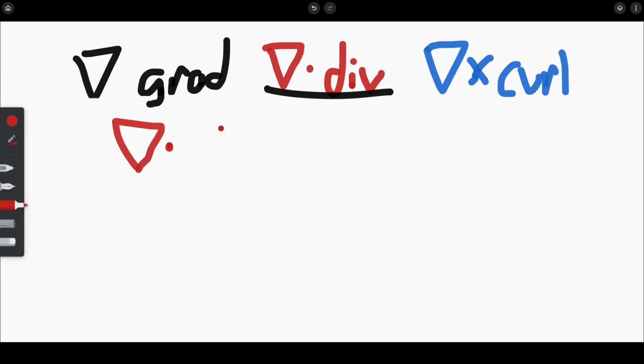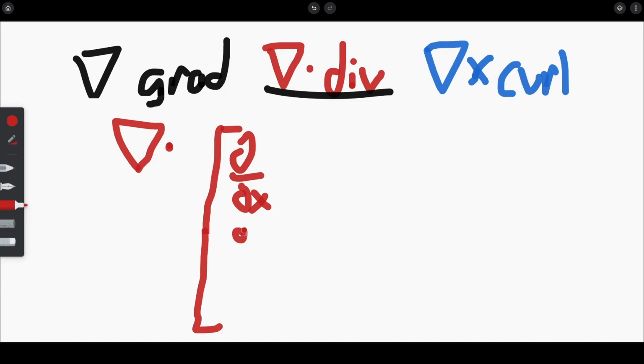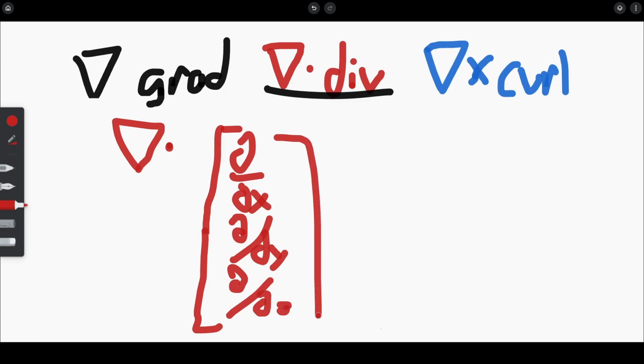You think of our gradient vector from before: partial over partial x, partial over partial y, partial over partial z. I'll extend this at the bottom because I write big. And just like you would with any other vector, you take the dot product.